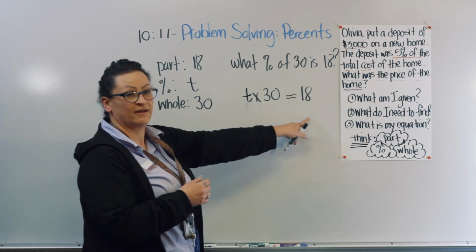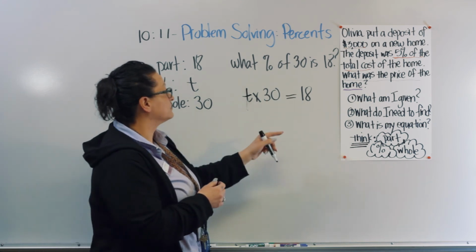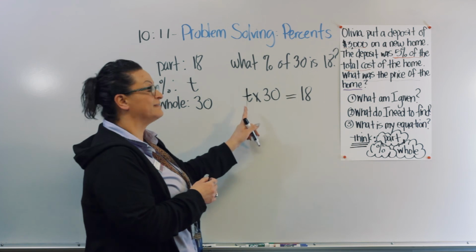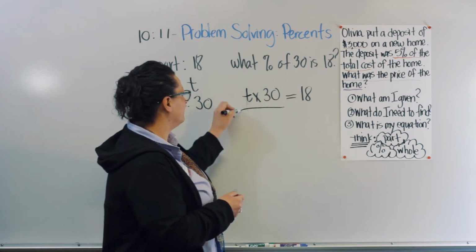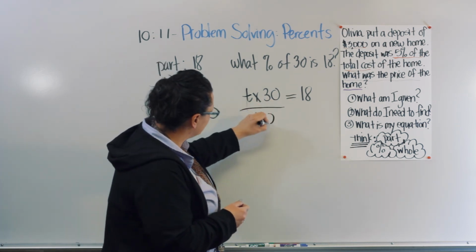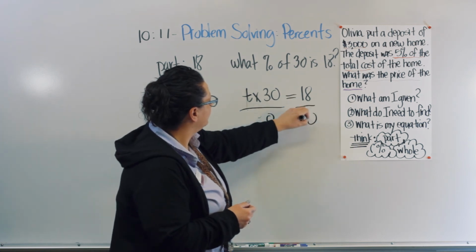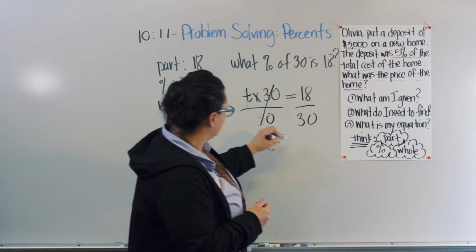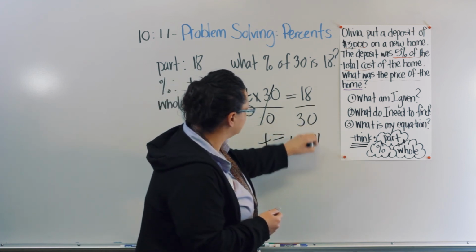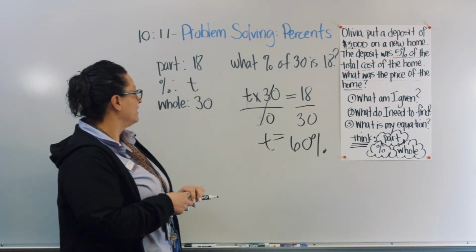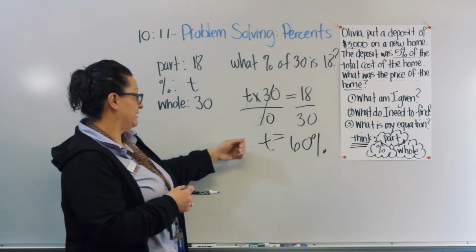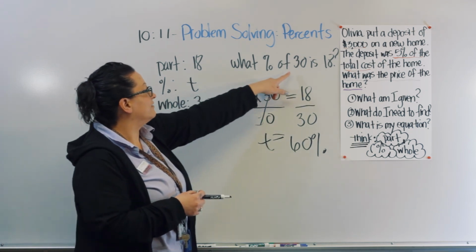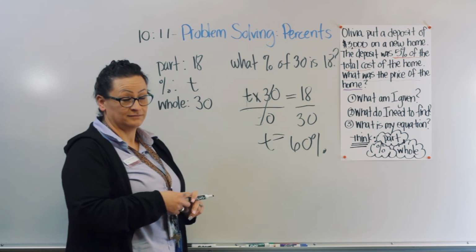Okay, we have the whole, we have the part, we need to find the percentage, okay? So again, all we need to do is get our variable by itself. So we divide, that crosses out, and then we use our calculator, and we get 60%, okay? So now we have answered our question, that 60% of 30 is 18, okay?